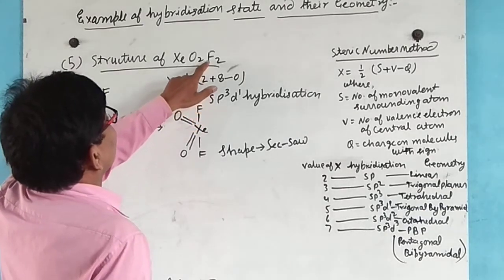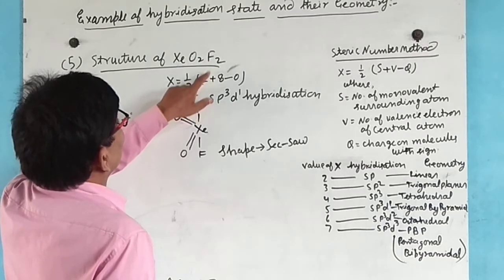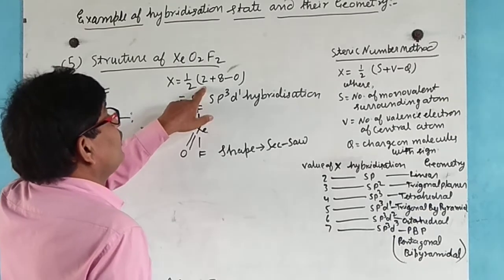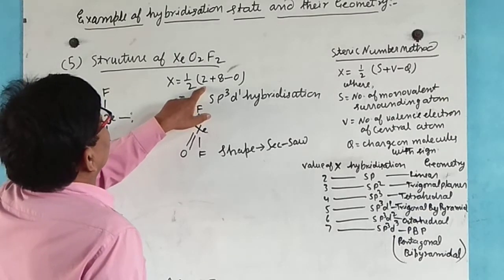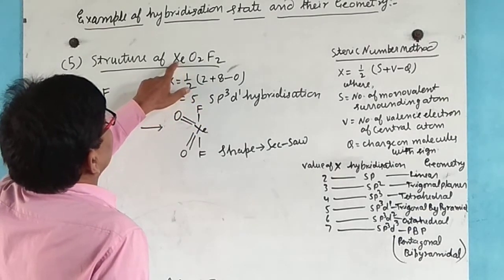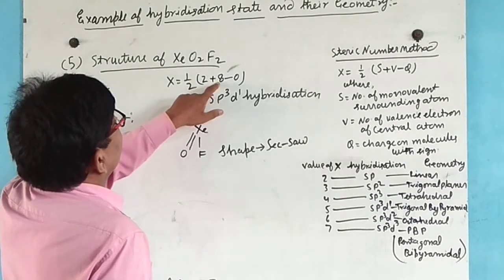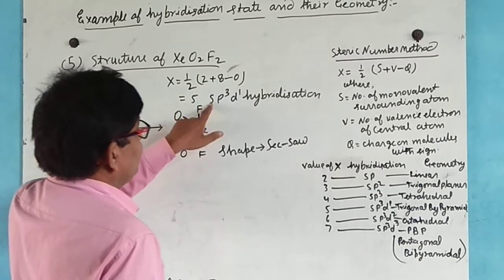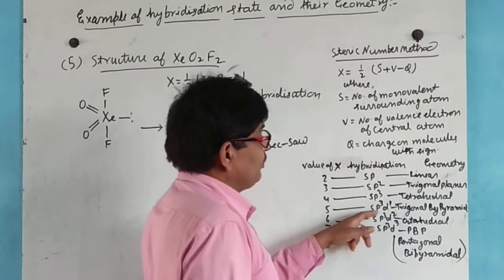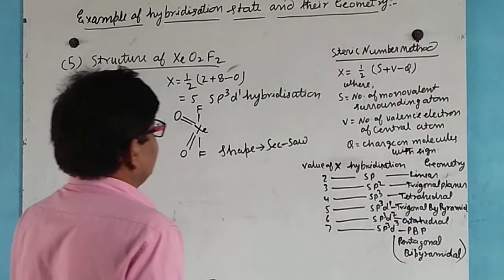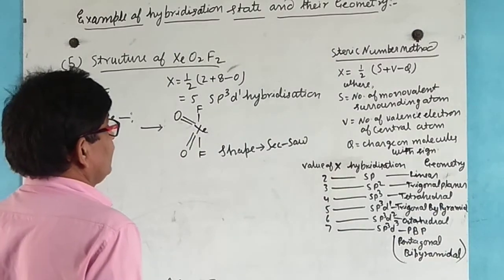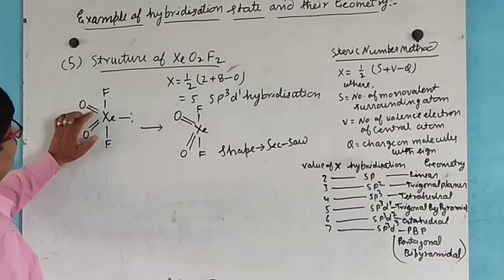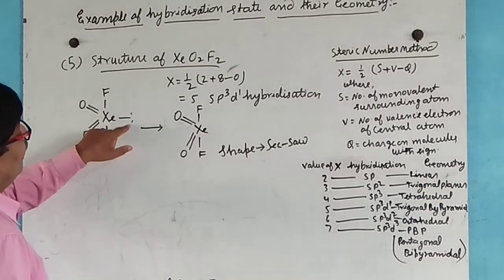The monovalent surrounding atom is F, so S equals 2, and the number of valence electrons in the central atom Xe is 8, minus charge 0, so X is 5. 5 means sp3d hybridization.